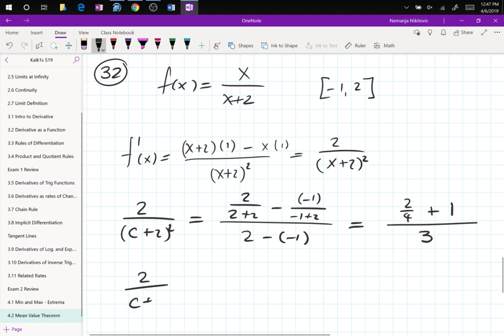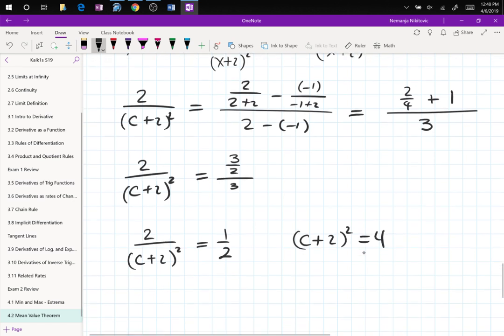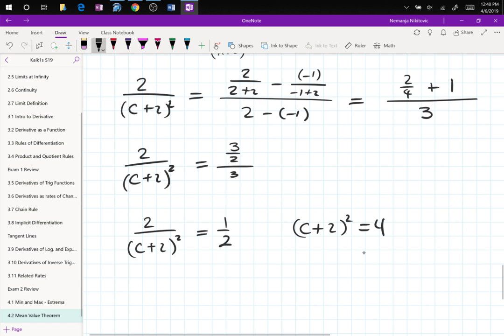So 2 over c plus 2 squared is going to be 1/2, so that's 3/2 divided by 3, so that's 1/2. 2 divided by c plus 2 squared is equal to 1/2. Cross multiply, c plus 2 squared is equal to 4. Square this out, we have c squared plus 4c plus 4 equals 4.